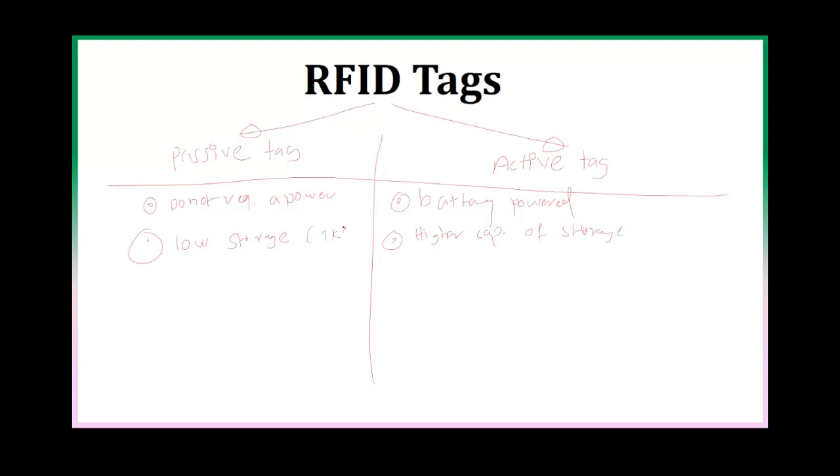Here it comes like 1 KB almost, and here it comes like 512 KB. Even the read range for these devices is different. A passive tag obviously will have a shorter read range, and these will have a longer read range.